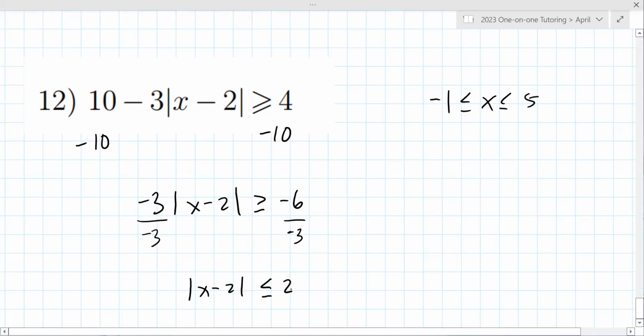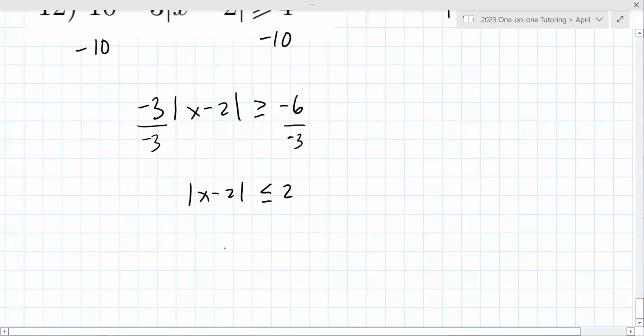So now it's just... Is it 0 is less than or equal to x less than or equal to 4?